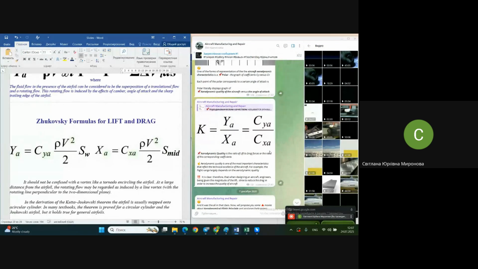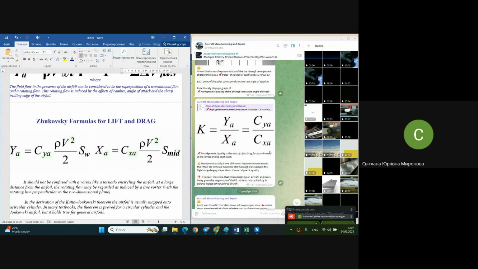In case I meet it, I will inform you. But modern passenger airplanes are already aerodynamically perfected, let's say. They have such values approximately 8, 9, 10.